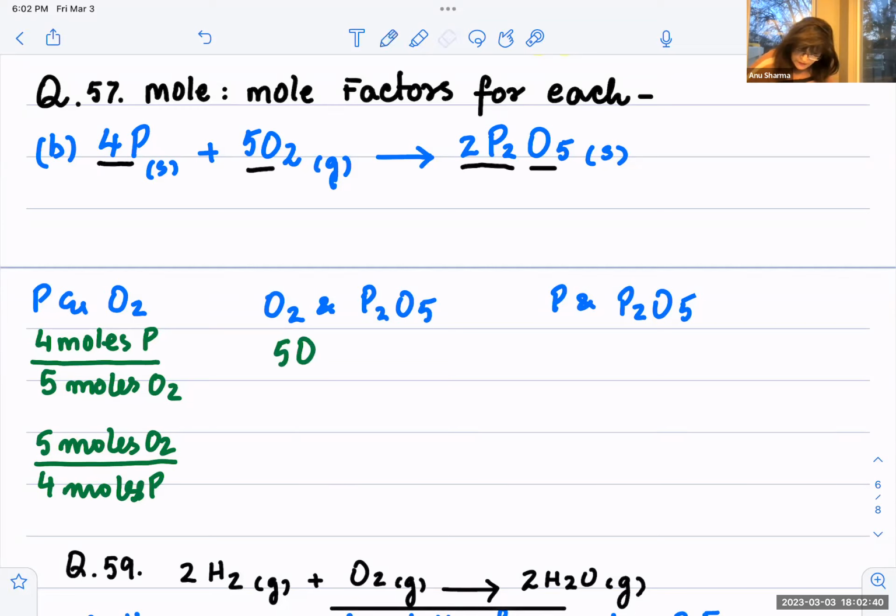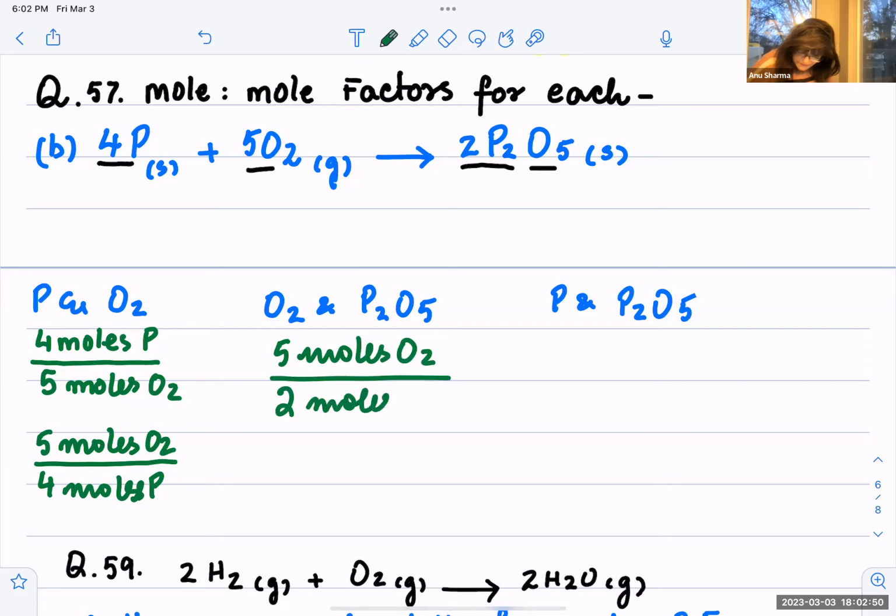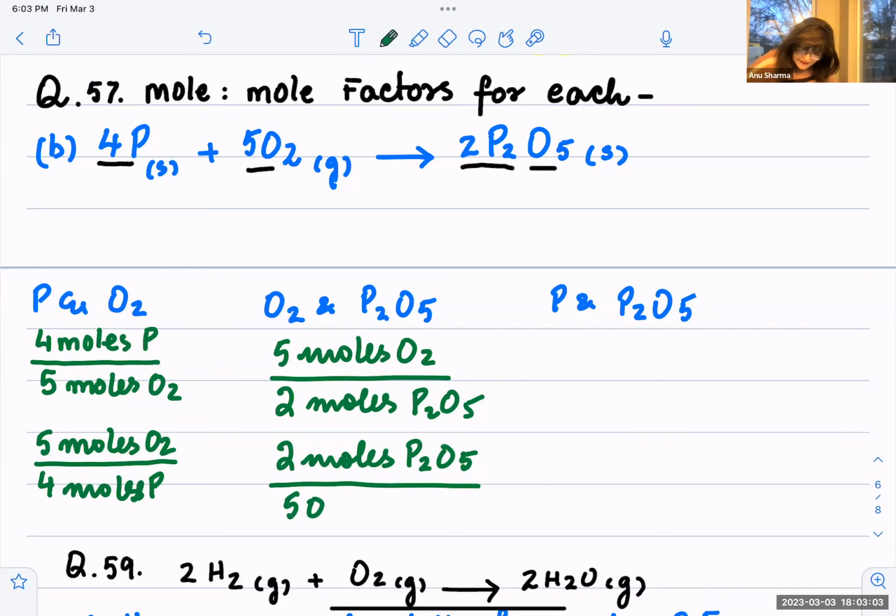Later on, you don't even write the moles. You just write down here 5 moles of oxygen are producing 2 moles of P2O5, and 2 moles of P2O5 over 5 moles of oxygen.